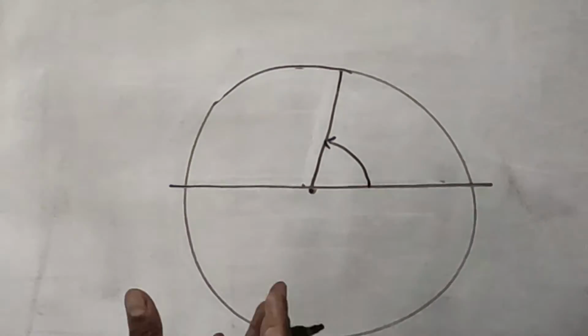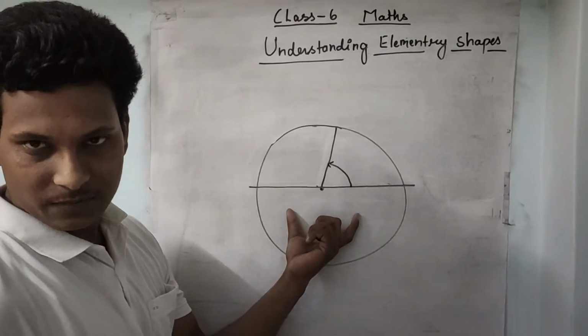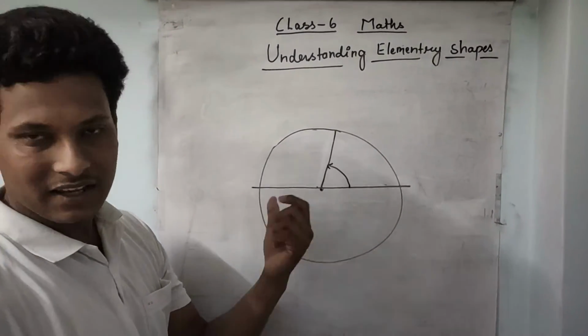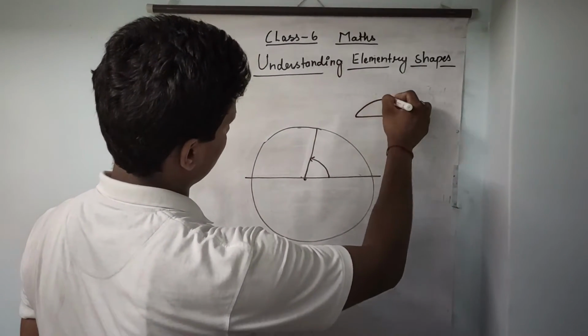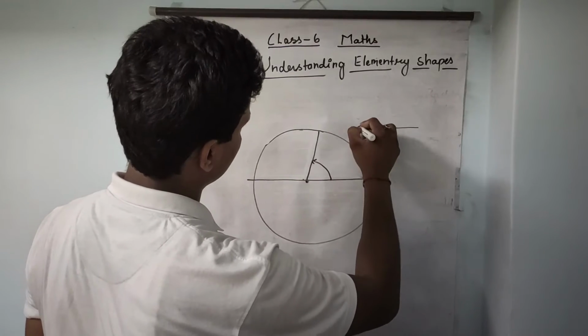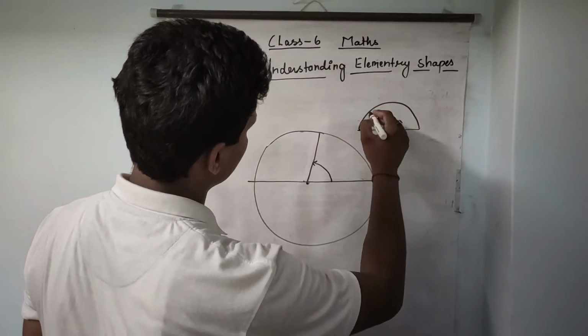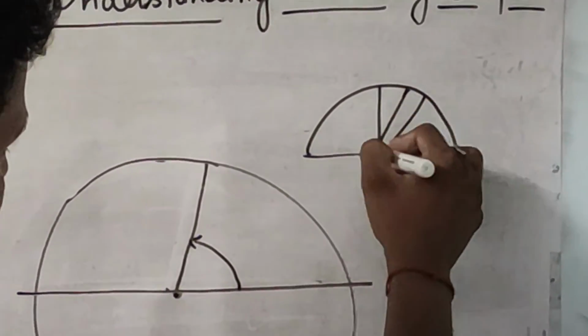For measuring the angle we use two things. First is the compass, and the second is the D or protractor. It is D-shaped, so the angles are given like this.